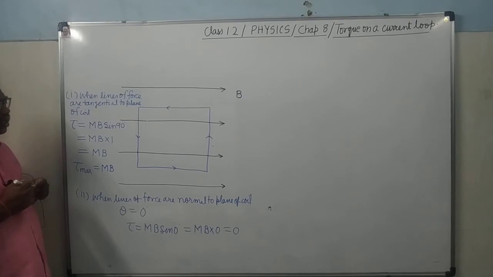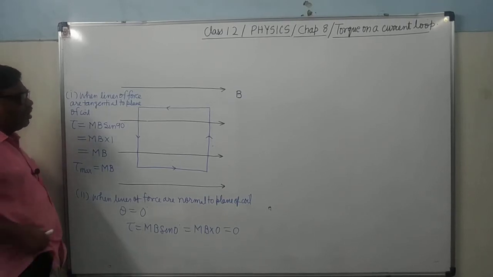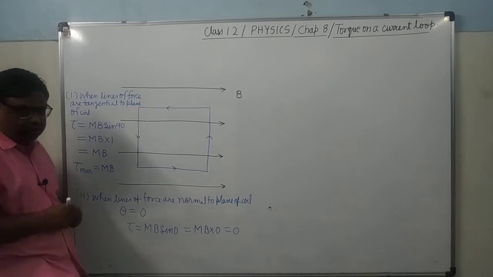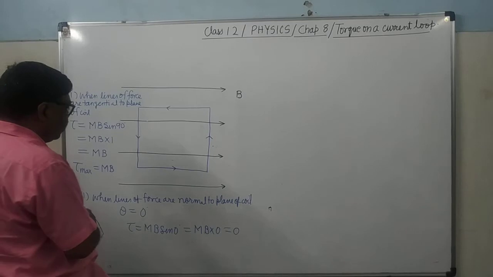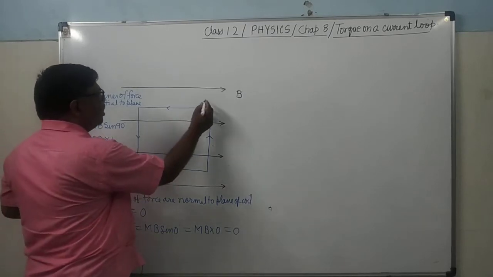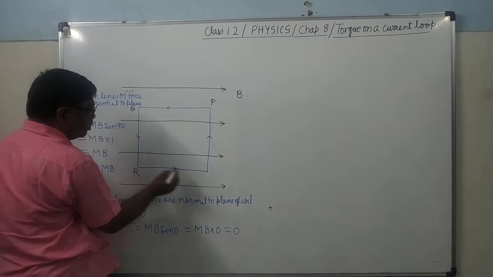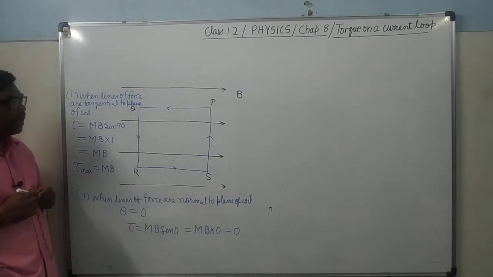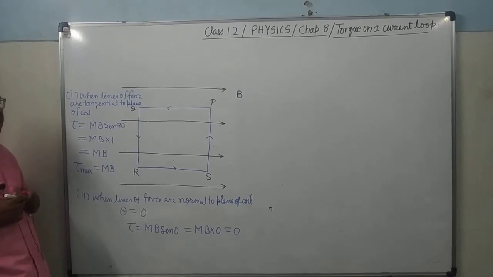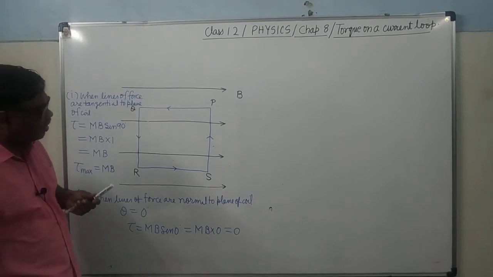Now we will see the formula for this. Suppose you name this coil as PQRS. Firstly, we will calculate the force acting on each segment. What is the force acting on segment PQ and segment RS?